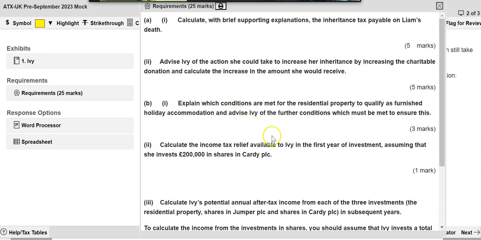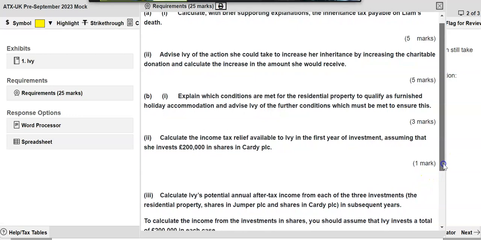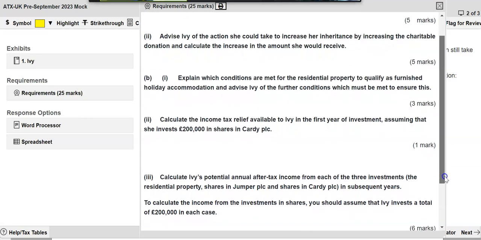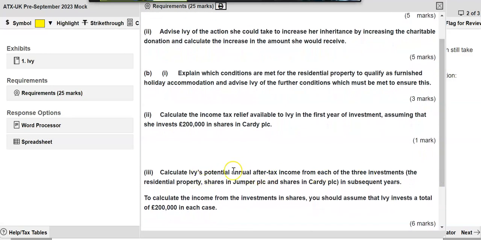Okay, moving on. In this part, you didn't understand the requirements.